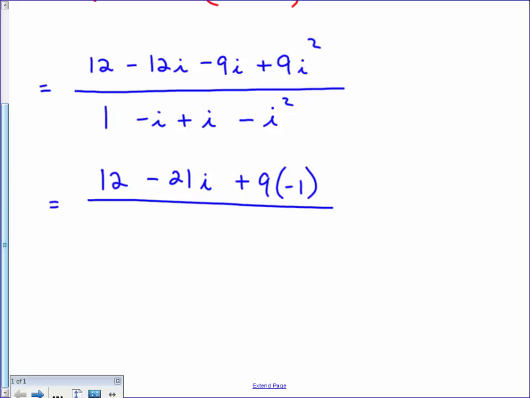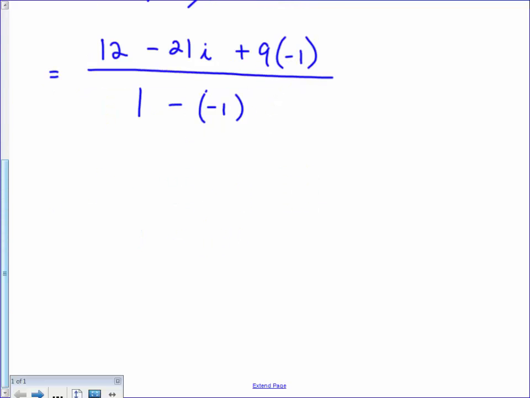On the bottom, these two terms would cancel, so we would have 1 minus, and then in place of i squared, we would put negative 1. Okay, simplifying, we will have 12 minus 21i minus 9, and then on the bottom, actually 1 plus 1, which would end up giving me 2.